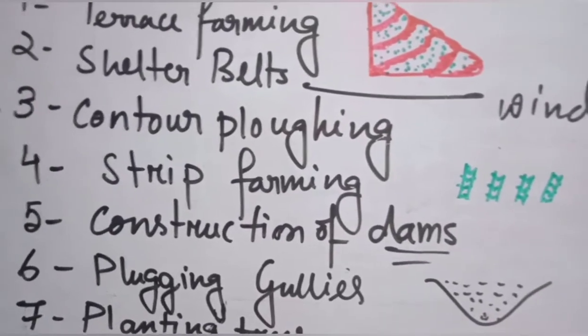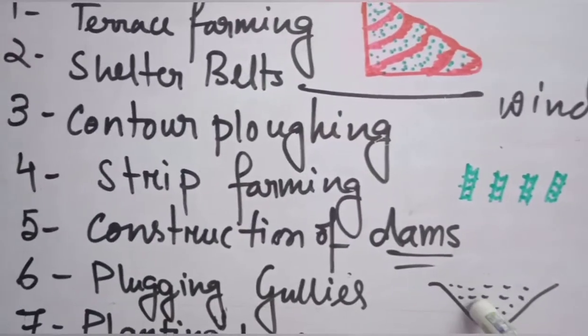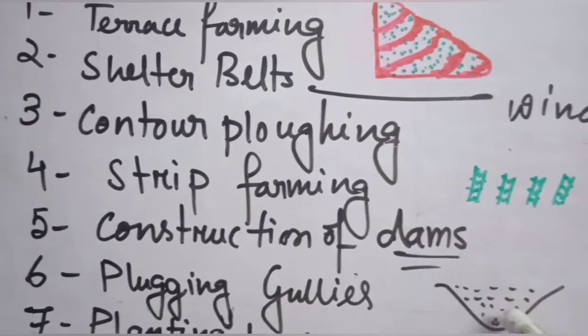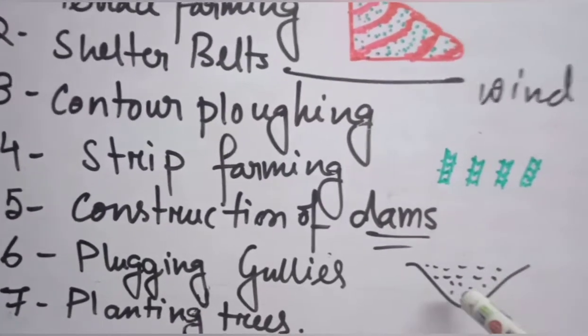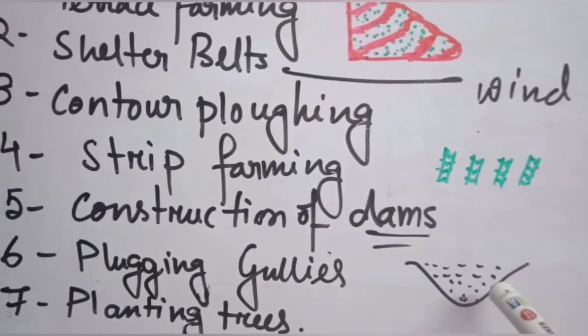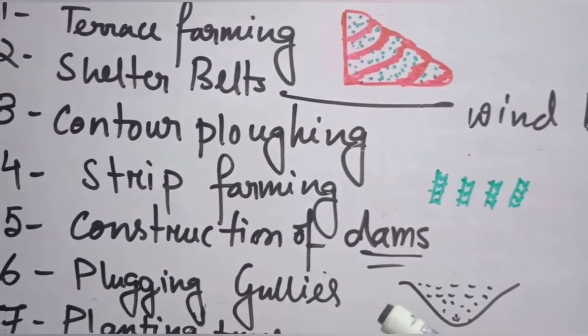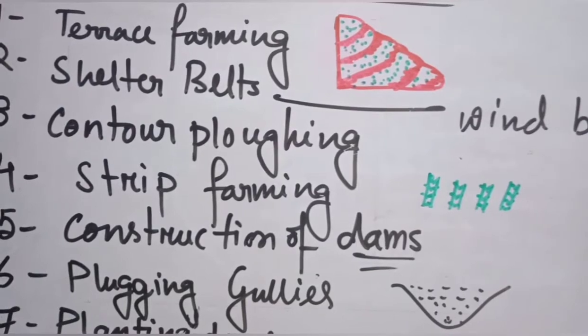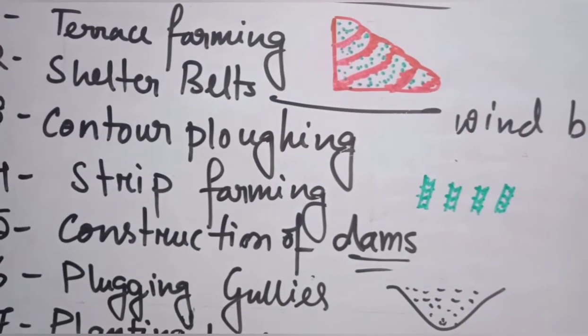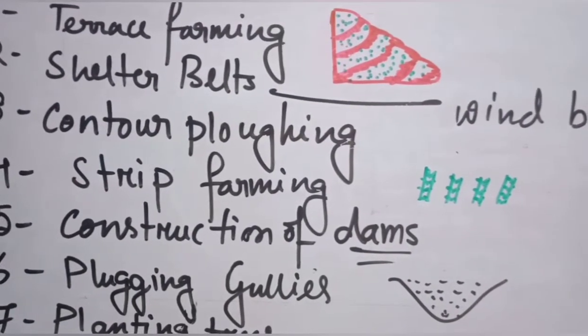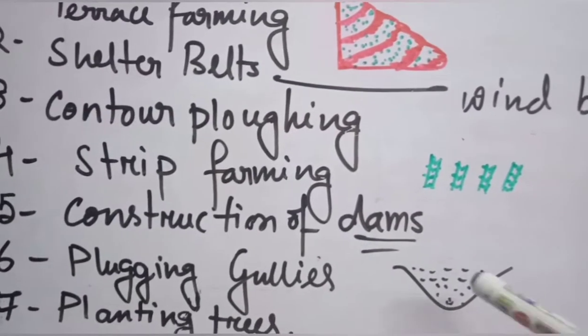During the rainy season they deposit silt or clay to prevent soil erosion by runoff water. Runoff water means the water which, at the time of rain, is wasted and also erodes the soil.